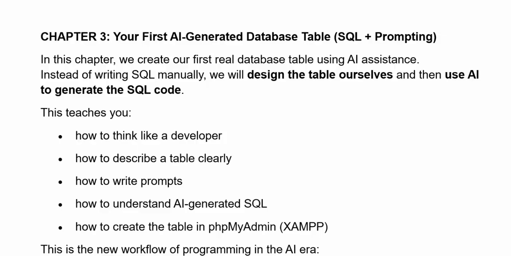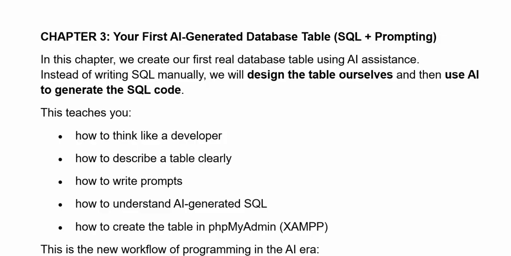In this chapter, we create our first real database table using AI assistance. Instead of writing SQL manually, we will design the table ourselves and then use AI to generate the SQL code.